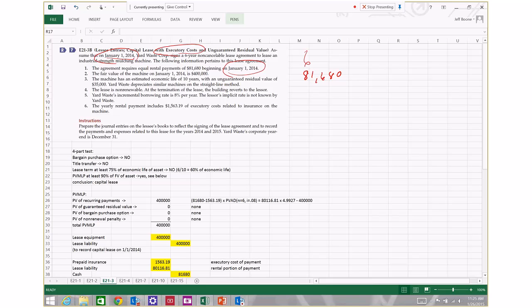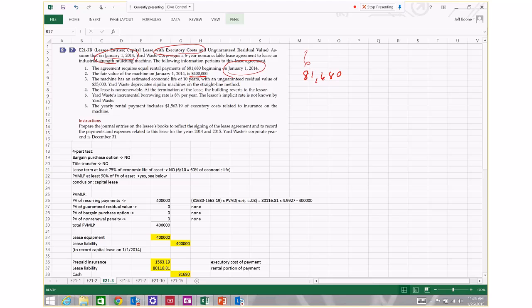So what that tells us is that in our present value calculations this is an annuity due problem, because the payments take place at the beginning of the period rather than the end of the period. Okay, so the fair value of this machine is $400,000.